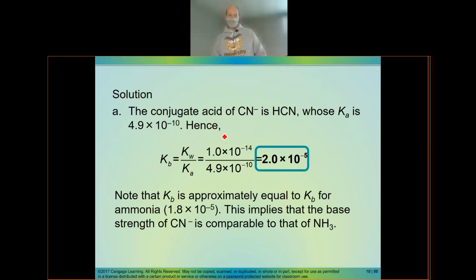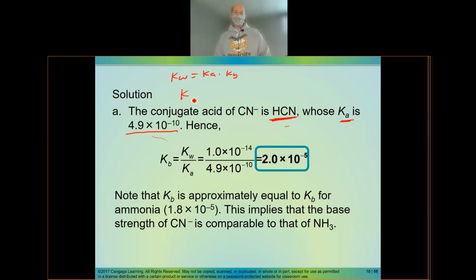All right, and so we find our Ka for HCN. On table 16.1, we look it up. It is 4.9 times 10 to the minus 10. Again, we have Kw equal to Ka times Kb. We want to solve this for Kb, so divide both sides by Ka.